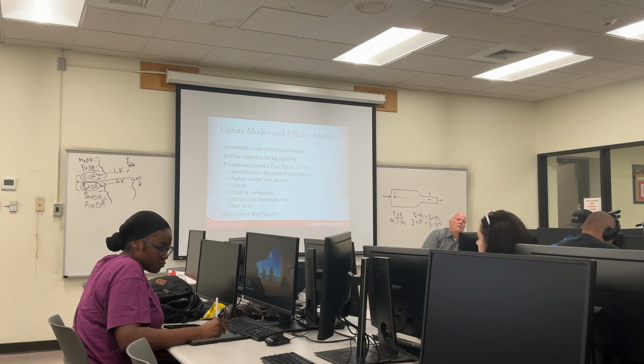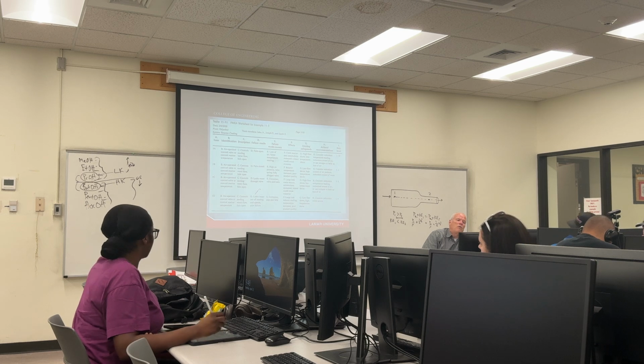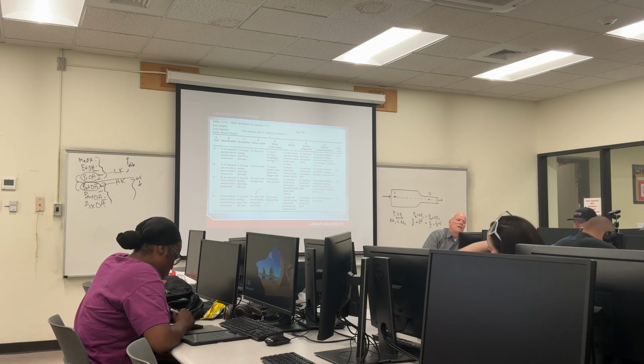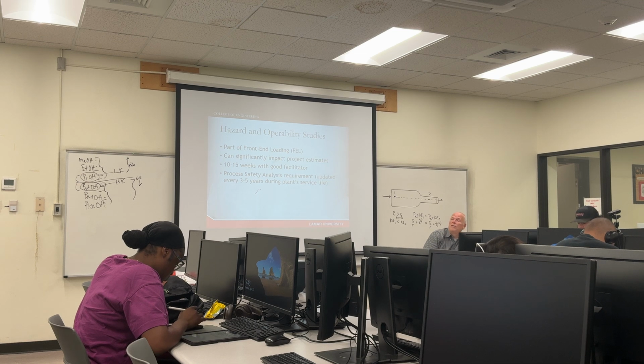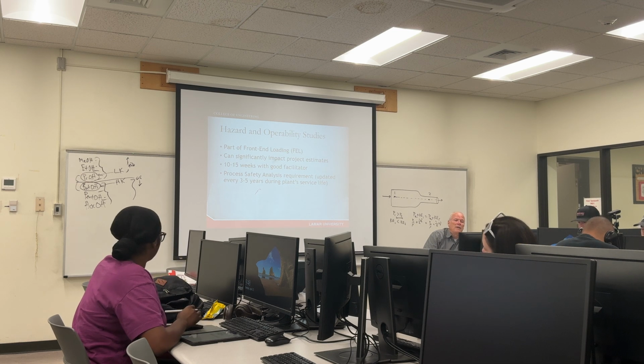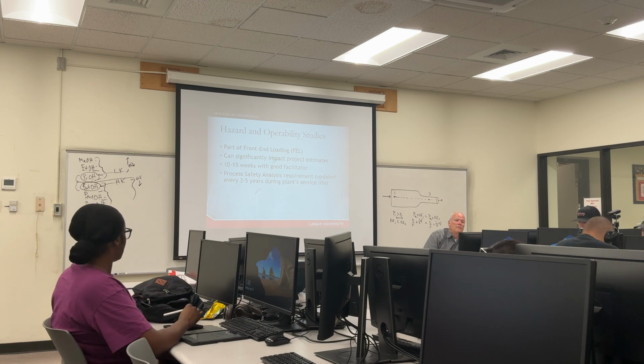So these are scenario methods. The most important one to us is not the failure modes and effects method, but I guess we could talk about that. But it would be more like, not the what if or the what if checklist, it would be this one, the hazard and operability study. So we should probably spend more time on this one.